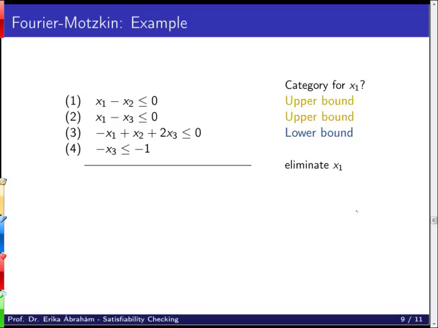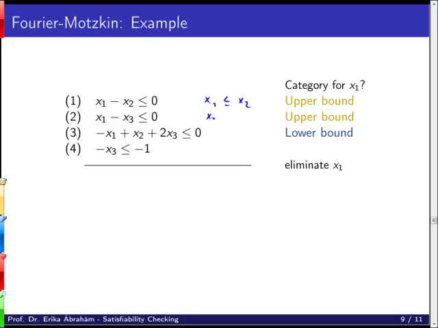Combination of 1 and 3, combination of 2 and 3, and you also use 4. And 4, exactly. So what is the combination of 1 and 3? Note that 1 is this constraint.